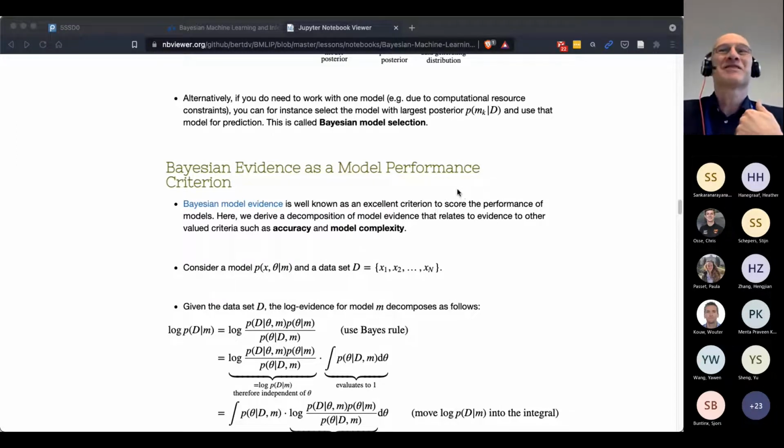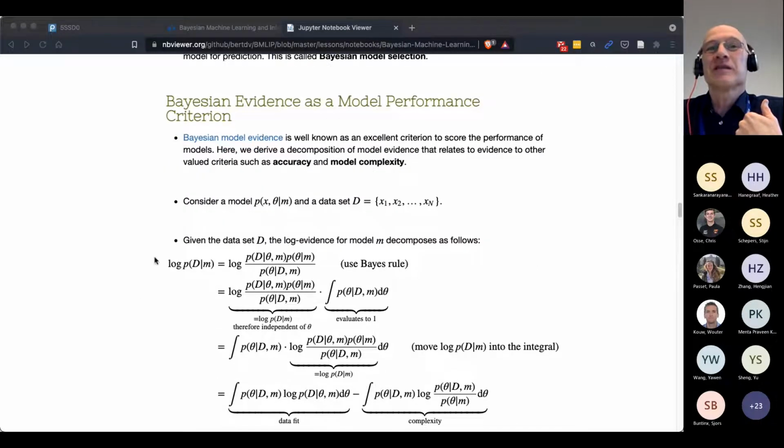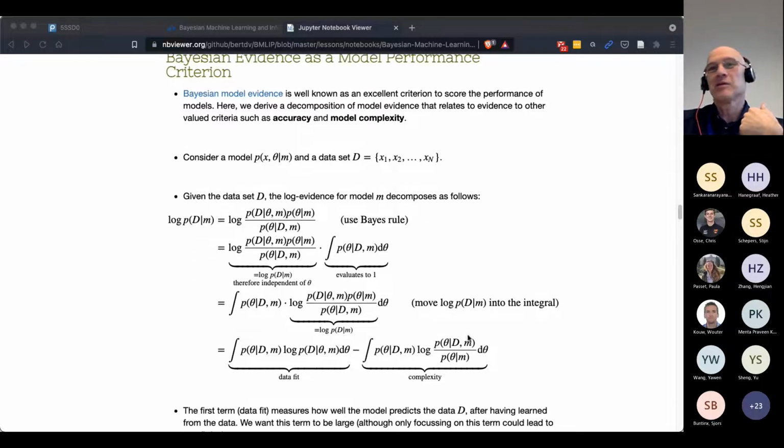That's an interesting question. And so it turns out that this expression, the log of the evidence, the probability of the data given the model, it's kind of a weird evaluation, and maybe other people can do it in a better way, but you can rewrite it in this form. This here on the left-hand side, the log of evidence, is exactly the same as this. Now, what is this first term?